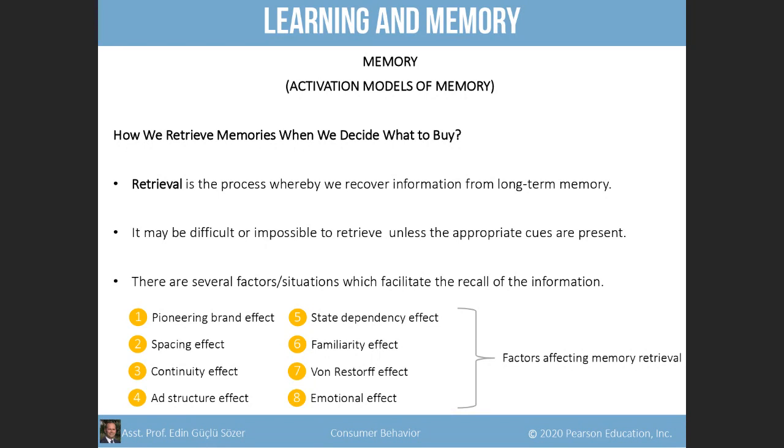So generating the same environmental conditions as the moment when we first saw the advertisement, brand, or product will help us retrieve this information more easily compared to environments which are not consistent with the first environment in which we saw our product or service. So this is the state dependency effect.